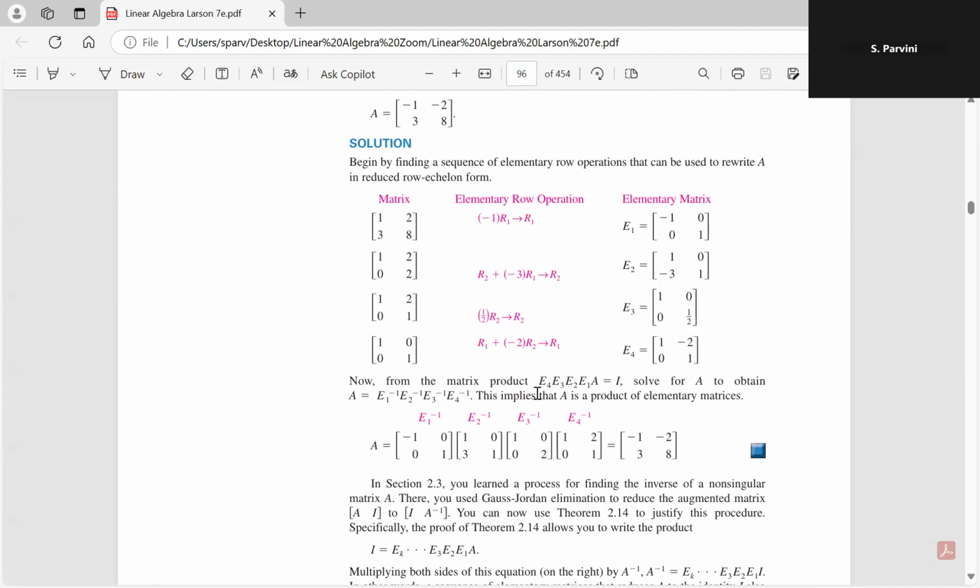We want to solve for A. And it says A is E1 inverse, E2 inverse, E3 inverse, E4 inverse. That's what it turns out to be. Okay, so I want to show you how he gets that one. Let me switch to my notepad here.